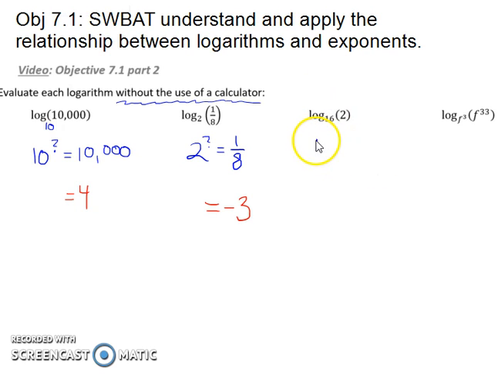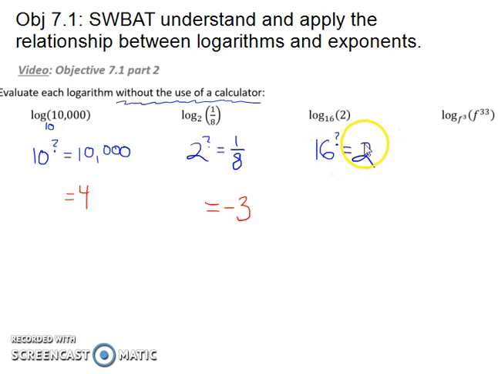Next one, we've got 16 to some power gives you 2. I don't know what the power is yet, but I'll figure it out. Again, it's helpful to know some numerical properties. I don't know what 16 to what power gives me 2, but I do know that 2 to the 4th gives me 16.